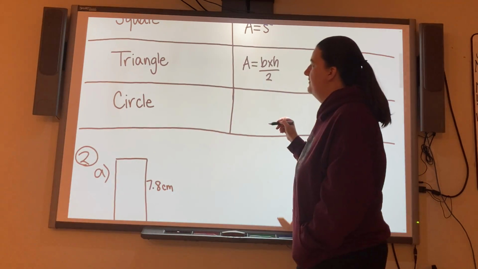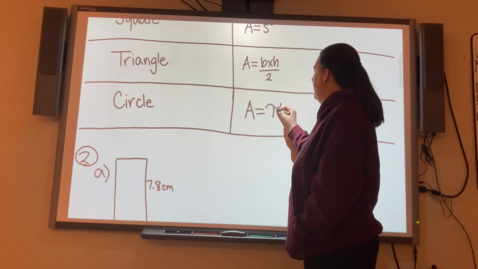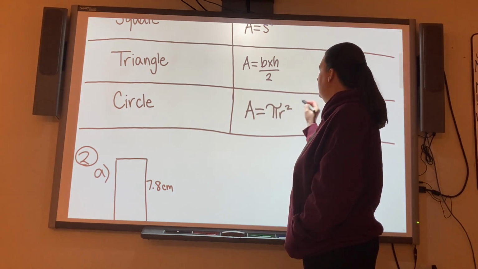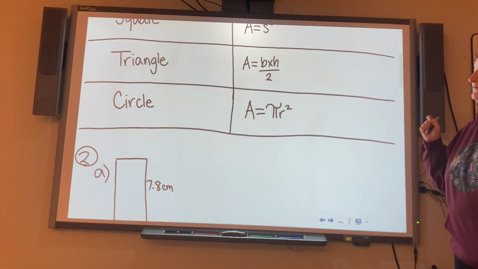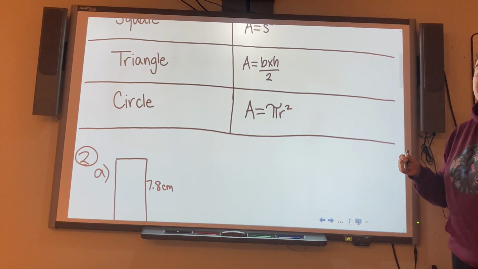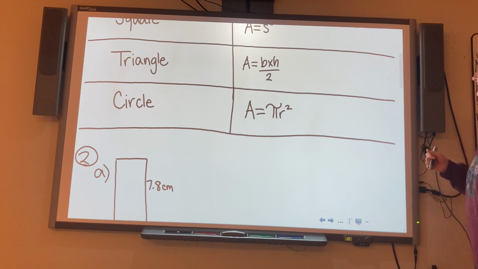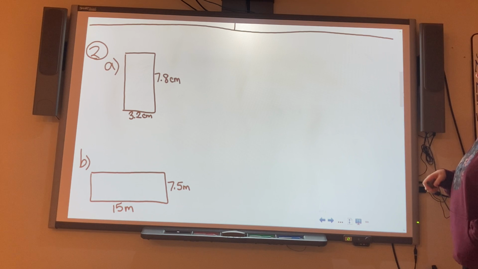And the formula for the area of a circle, A equals pi times r squared, or to the 2. So you have 4 formulas that you need to know. You need to memorize those formulas for your quiz tomorrow so that you can find the area of those 4 shapes. On number 2, you have 2 rectangles.